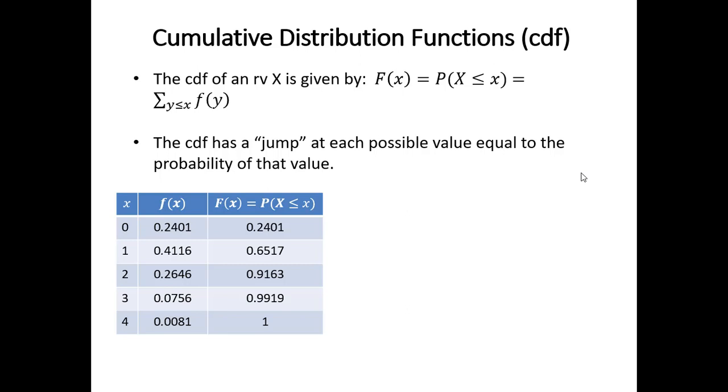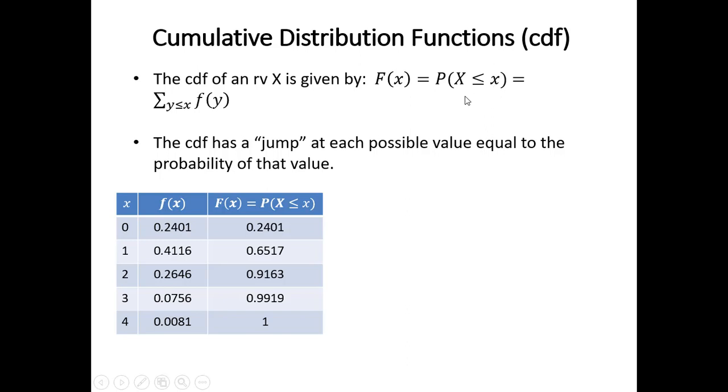Now the CDF stands for the cumulative distribution function. Okay, and the cumulative gives you the sum of probabilities up to a certain x value. So we use lowercase f for the probability mass function, capital F for the cumulative distribution function, and over here we have less than or equal to for the CDF.